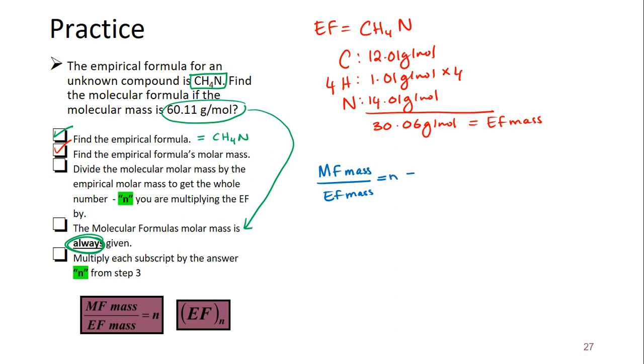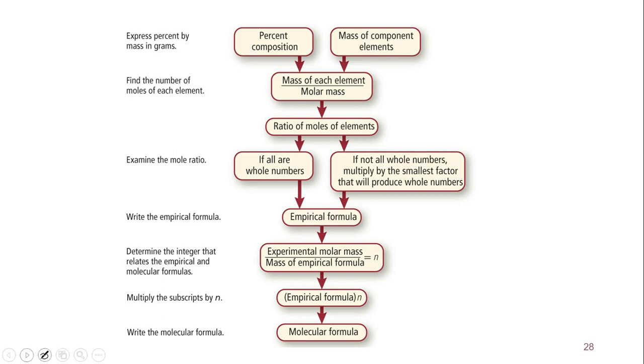So that's equal to 60.11 grams per mole over 30.06 grams per mole. Sorry, kids. I keep hitting the forward button.